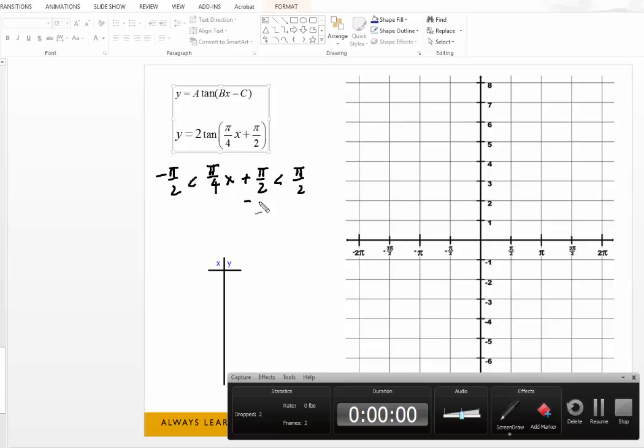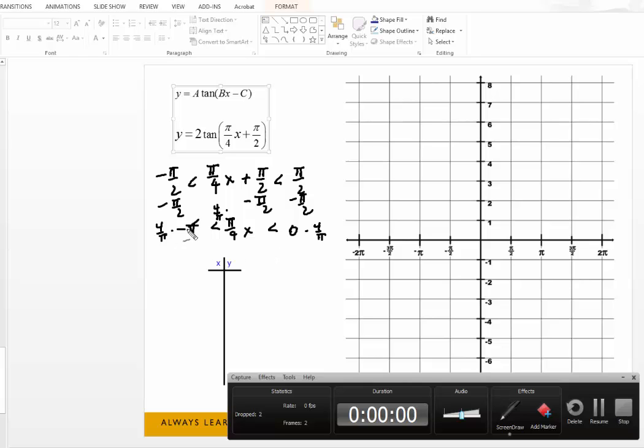Solve for x here, so we're going to subtract pi over 2 from all parts here. So this would leave us with a minus pi is less than pi over 4x is less than 0. And to solve this for x, we would multiply all parts by 4 over pi to get x by itself in the middle.